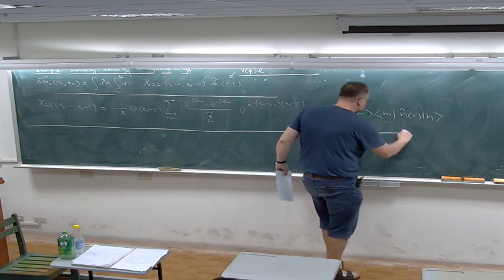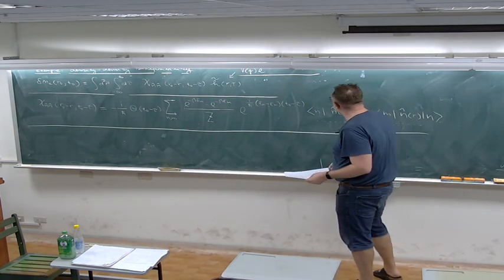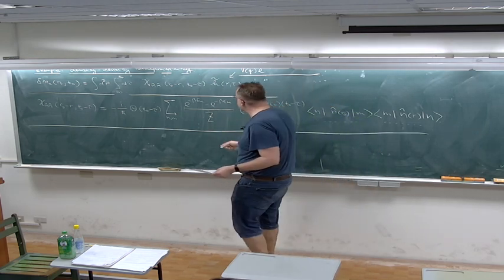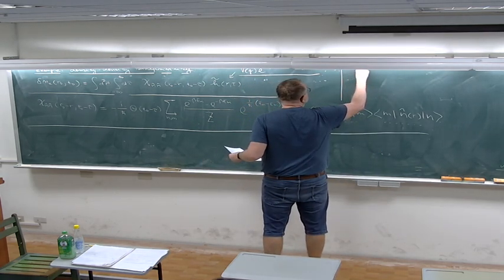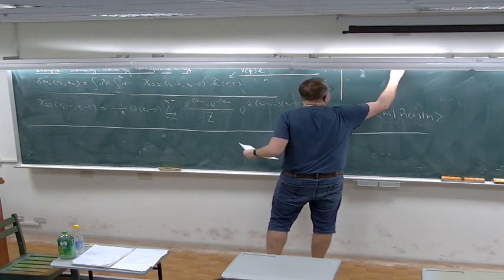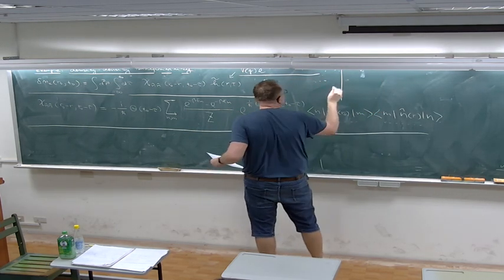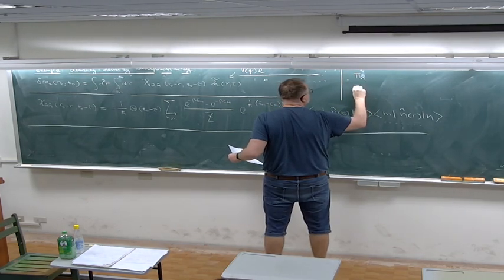Okay, so we are going to compute it. And for the sake of simplicity, I will define these things, just to simplify the notation. I will denote them by P_n and P_m, these probabilities.